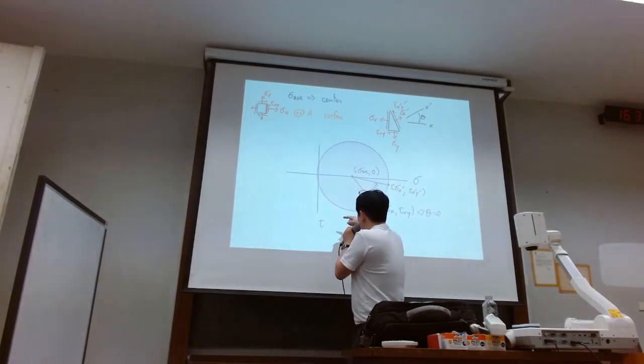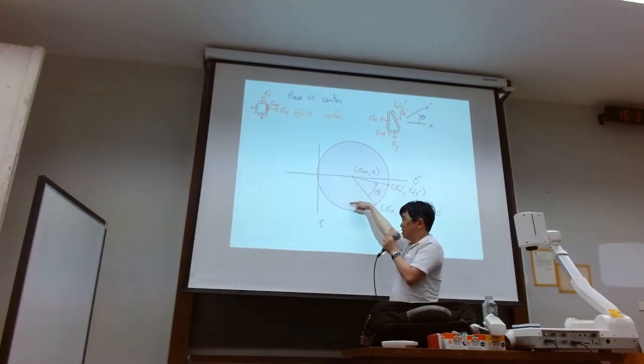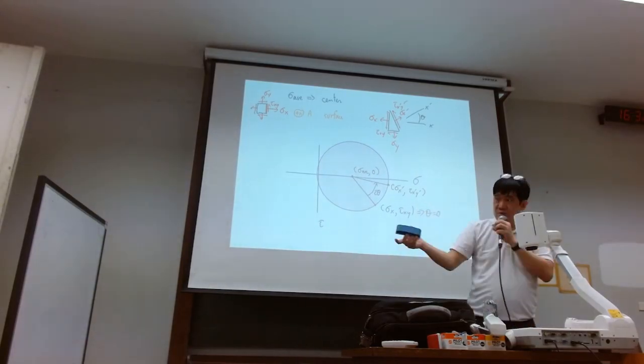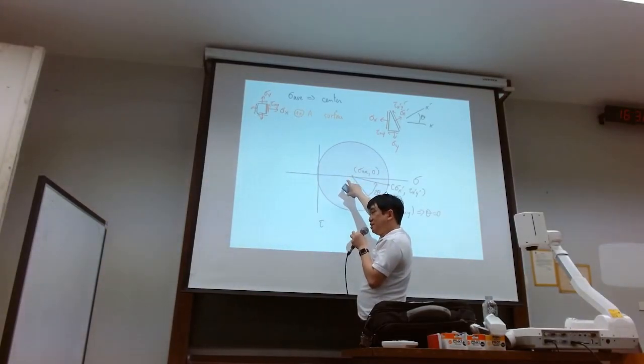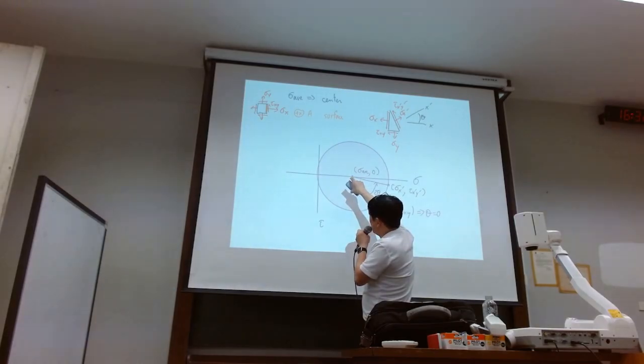Okay. Anywhere along this circle is in-plane rotation. There might be a chance that when you rotate, for example, you rotate this way at maybe like 20 degrees, then you do another rotation out to you.